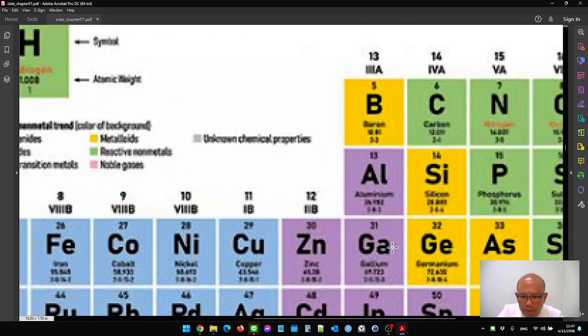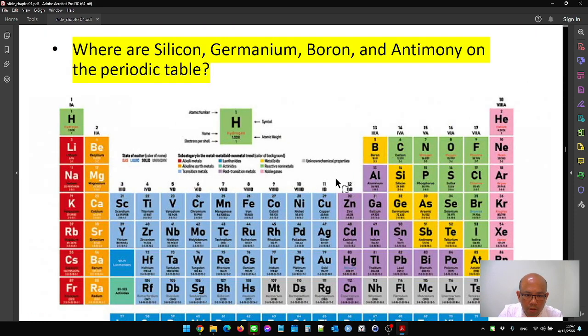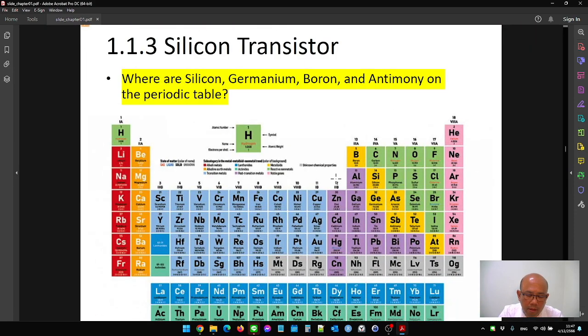In the periodic table there is a value on the top here. This is 14. The 14 represents the number of electrons inside the atom: there are 14 electrons. Silicon is called a semiconductor. Semiconductor means not fully conducting and not fully resisting.